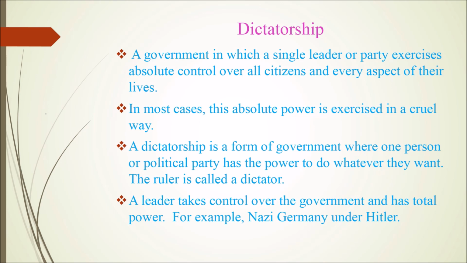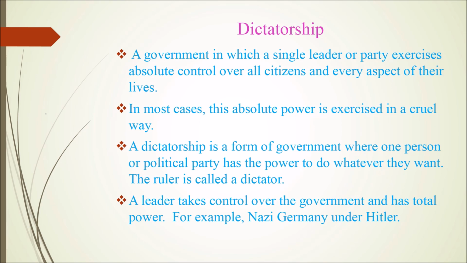Next, we are going to learn about dictatorship. So, what is meant by dictatorship? A government in which a single leader or party exercises absolute control over all citizens and every aspect of their lives. In most cases, this absolute power is exercised in a cruel way.